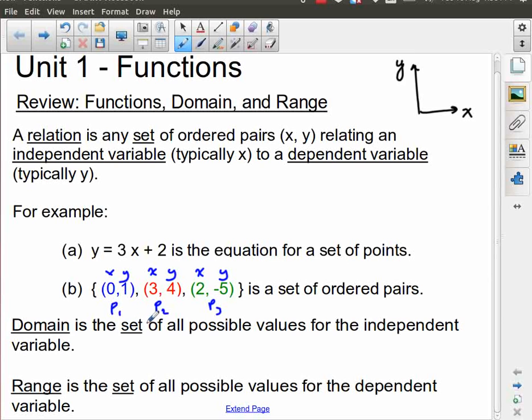Range comes from the domain after the domain has had its influence on the relation. Now, again with part B here, the range is much easier. We just read it: 1, 4, -5. Those are the only values that correspond to the valid domain. In the case of the equation we have here, it's not as easy to see, and that's why sometimes we will graph.